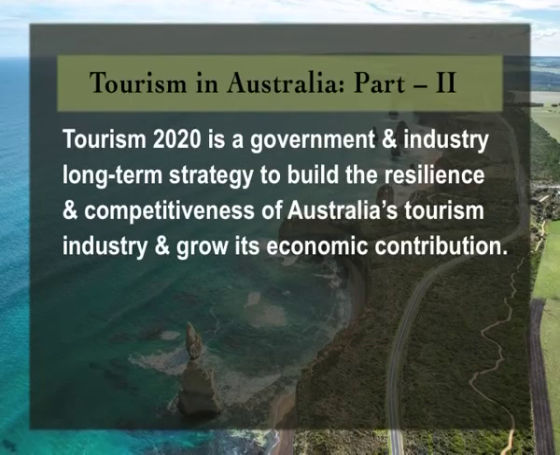Australia Tourism has implemented a strategy, Tourism 2020, for the integrated development of tourism in the country. Tourism 2020 is a government and industry long-term strategy to build the resilience and competitiveness of Australia's tourism industry and grow its economic contribution.